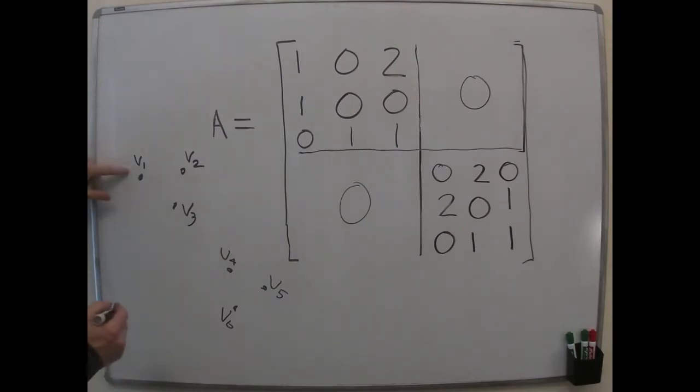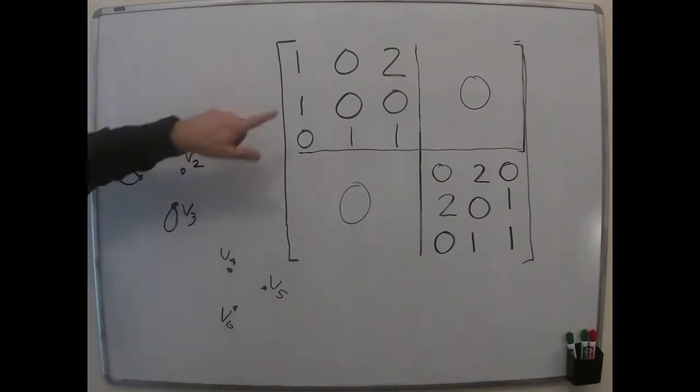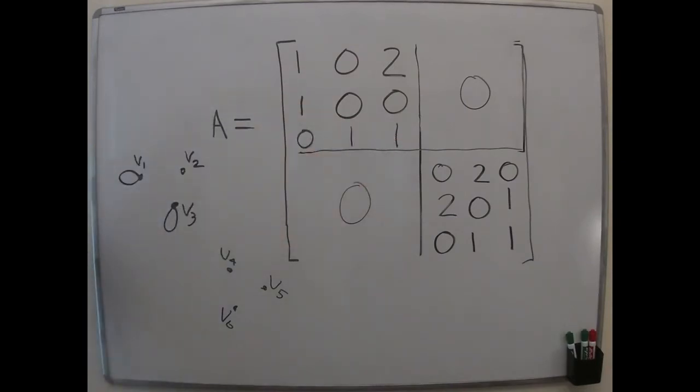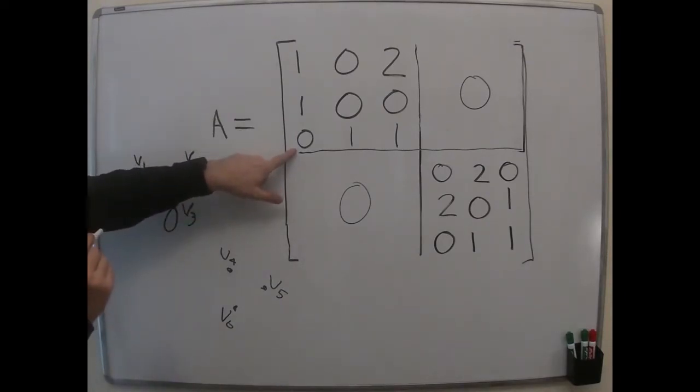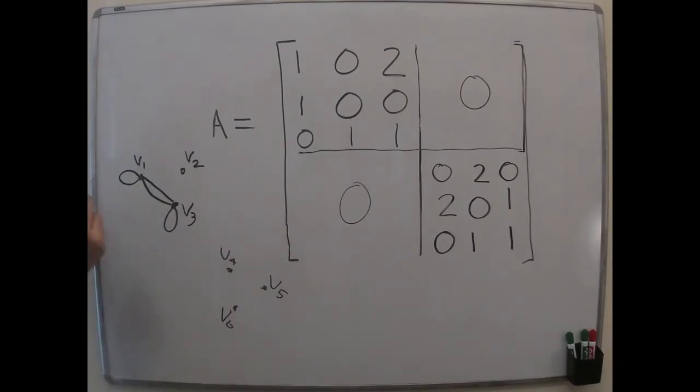Now let's figure out what the 1, 2, 3 graph has going on in it. There's a loop at vertex 1, and there's a loop at vertex 3. That's those two ones. There are 2 edges from 1 to 3. There are not 2 edges from 3 to 1, so these must be directed.